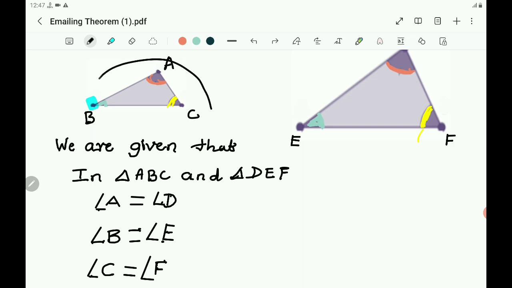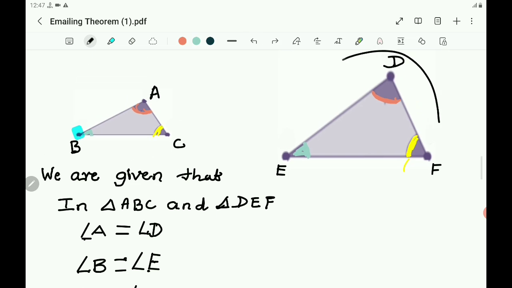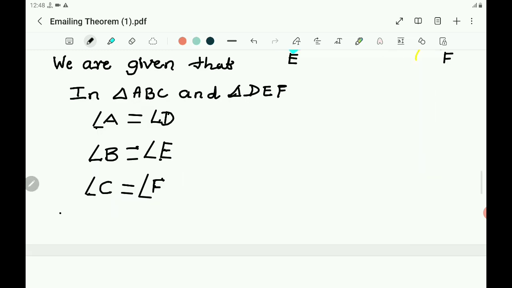Now what do we have to prove? We need to prove that the corresponding sides are proportional. Corresponding sides means AB by DE equals BC by EF equals AC by DF.